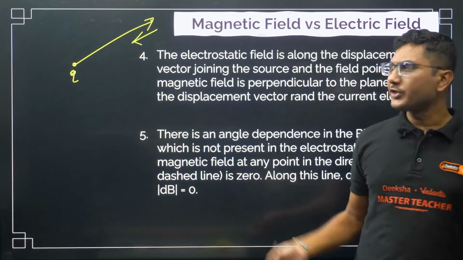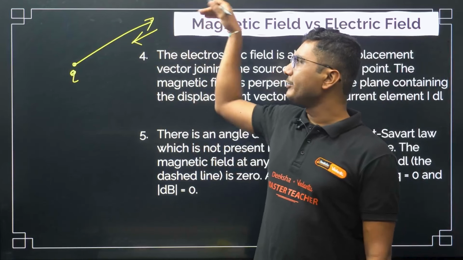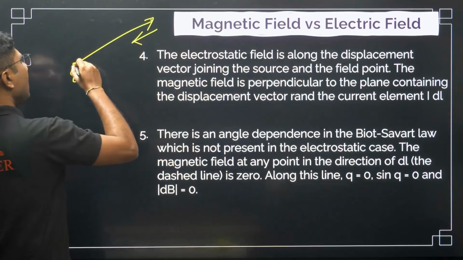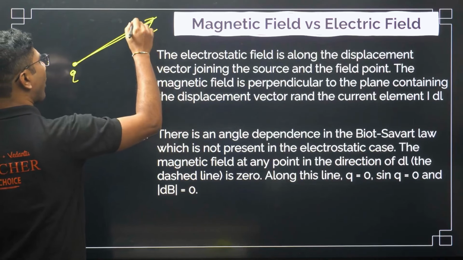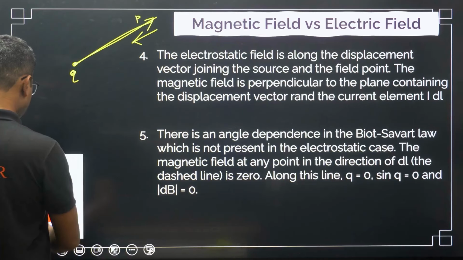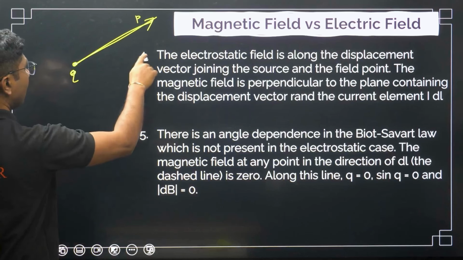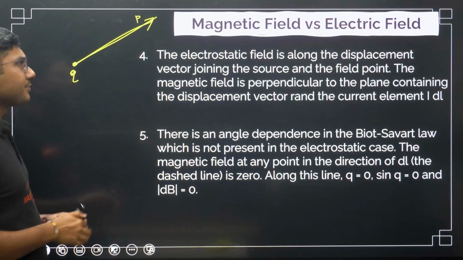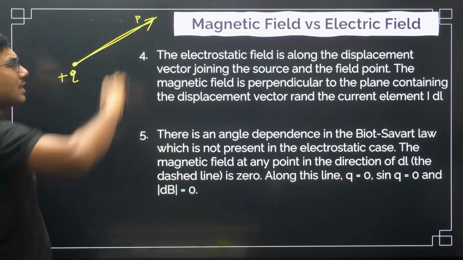If it is a positive charge, it will be away. If it is a negative charge, it will be towards, right? The electric field is always along the line joining the point and the charge. It can be inwards or outwards based on the nature of the charge. If the charge is positive, it will always be outwards.